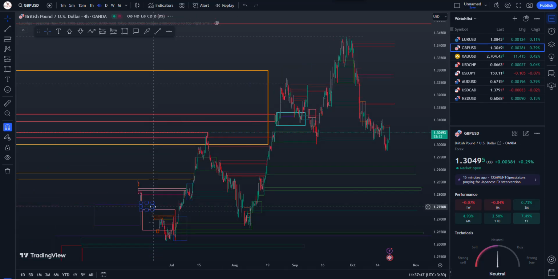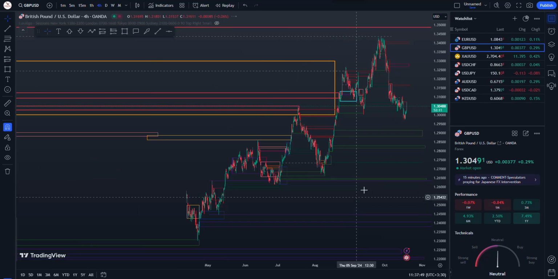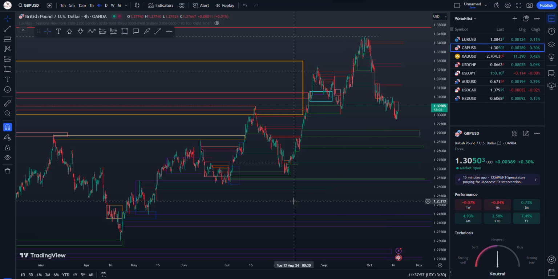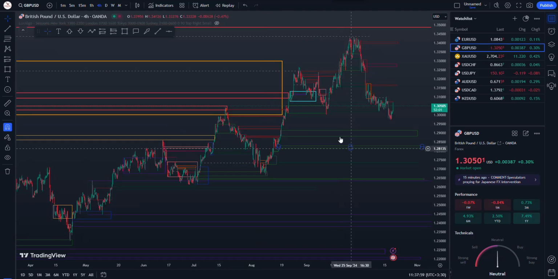And if price doesn't want to go there, I think price wants to go inside of that. But if not, at least it must be reached somewhere here.